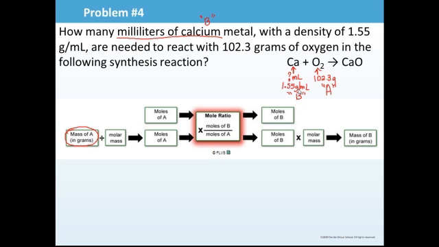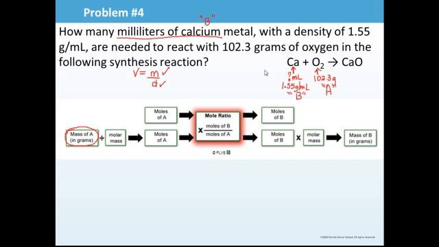Therefore, if we could somehow figure out what the mass of calcium is, with the mass and the density, we could convert to volume. Because remember, volume equals mass divided by density, right? So if we know the density, which we do, and then we somehow find out what the mass is, then we can put them in here.